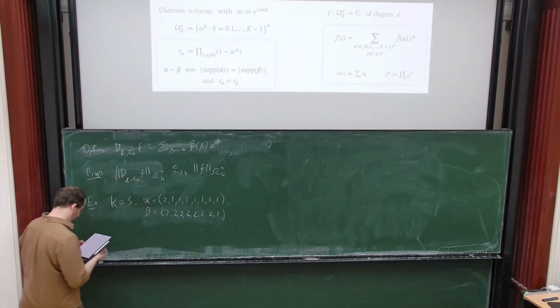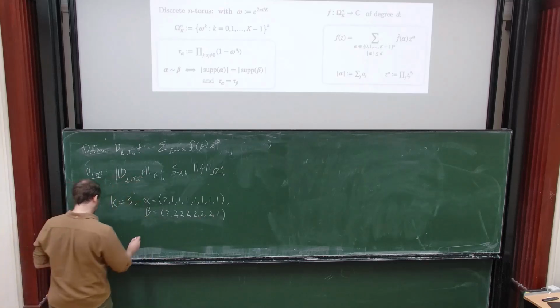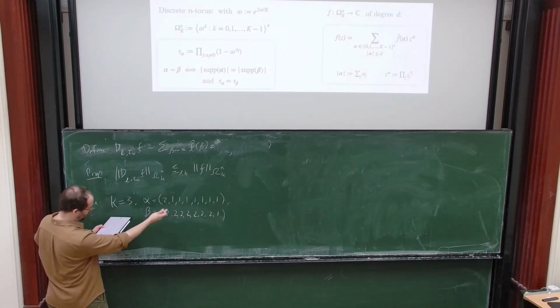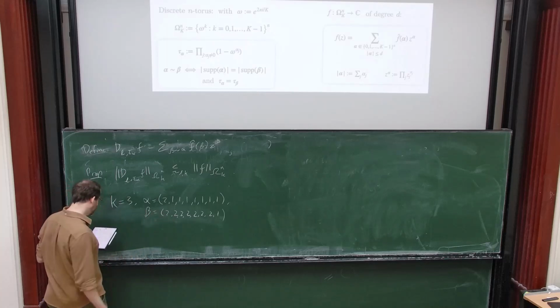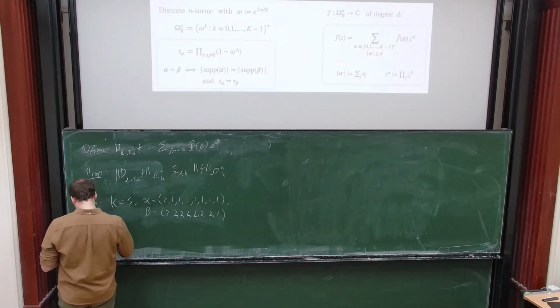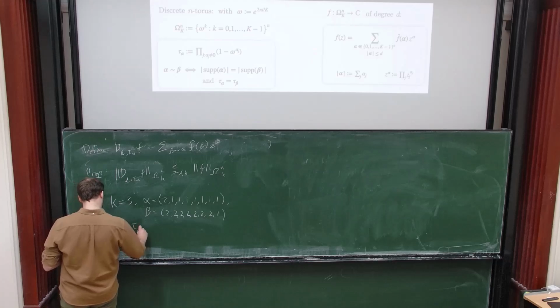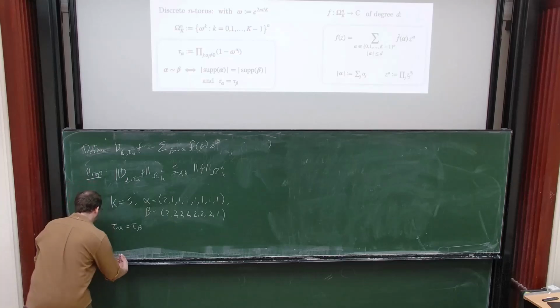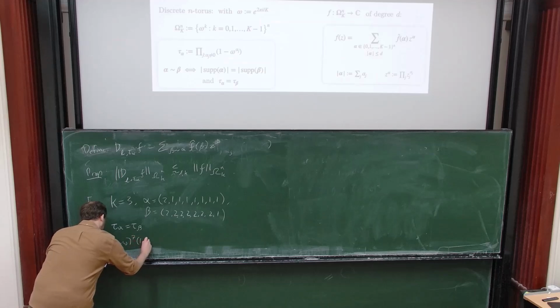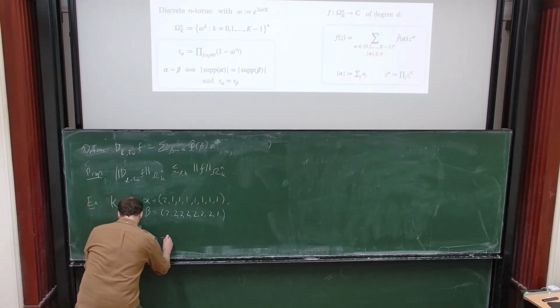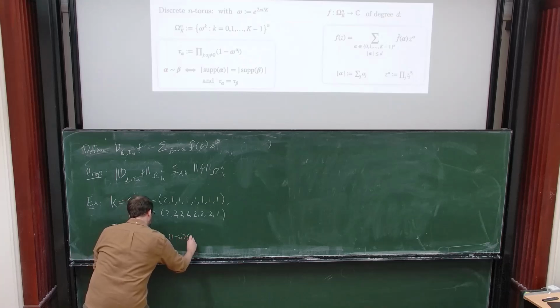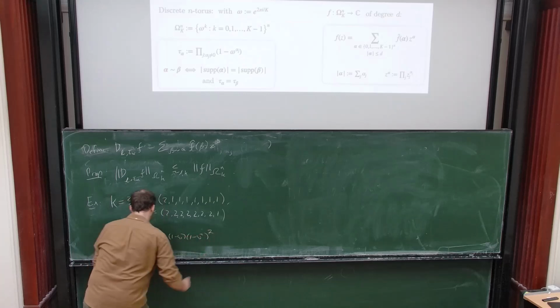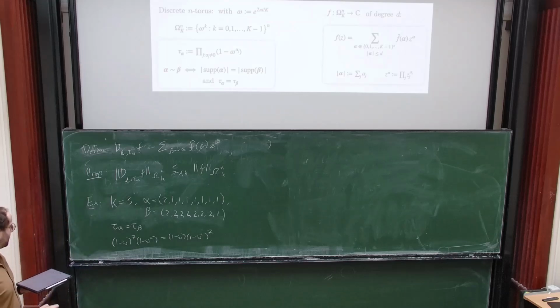Okay. Turns out that the support sizes are the same in the way I've written them. The support size is n, but that doesn't matter for this example. But we do have that tau alpha equals tau beta. And the reason for that is this identity: 1 minus omega to the 7, 1 minus omega squared equals 1 minus omega, 1 minus omega squared to the 7.